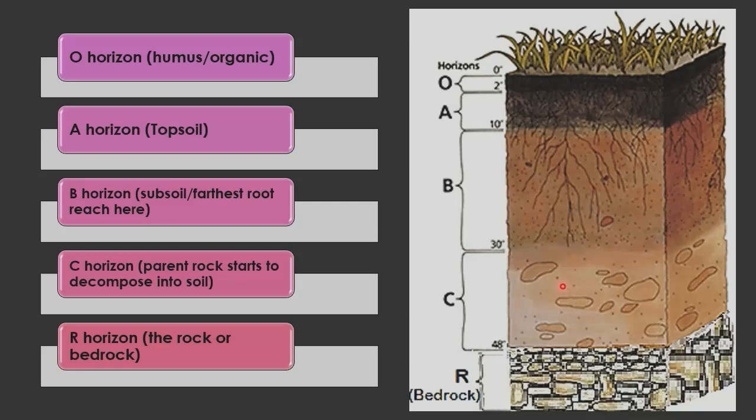So this is the soil formation area of our rock, and below that is the R, which stands for rock or the bedrock. The bedrock is the foundation of all the soil horizons that we can find on this planet. So that's for our soil horizons.